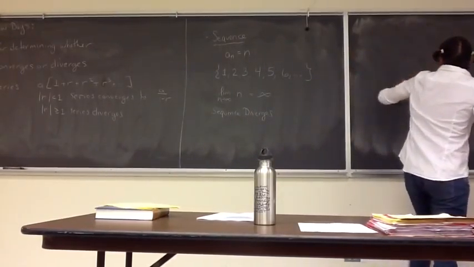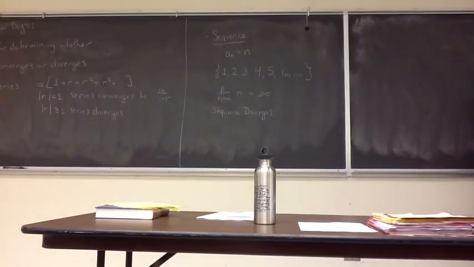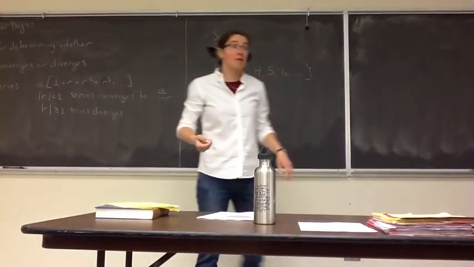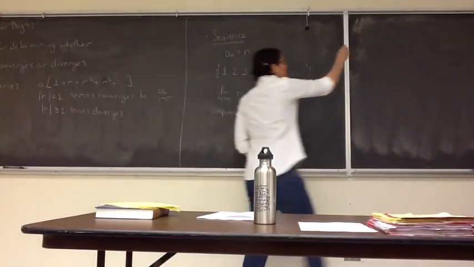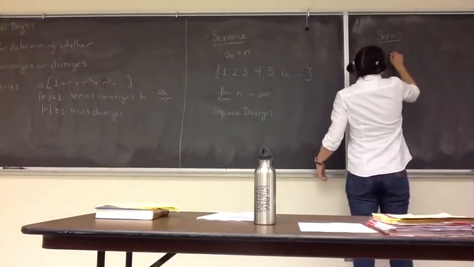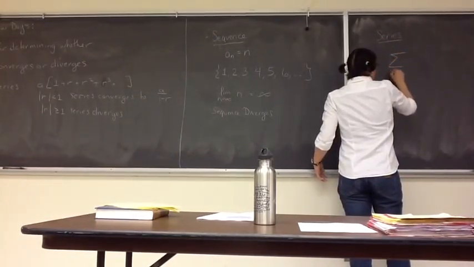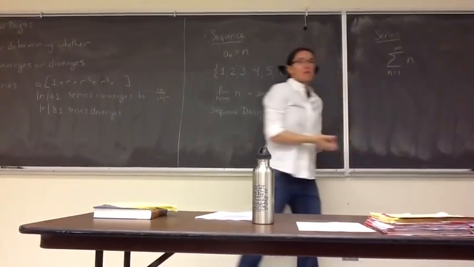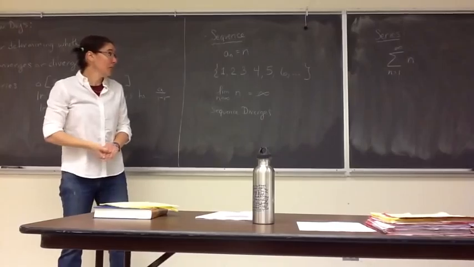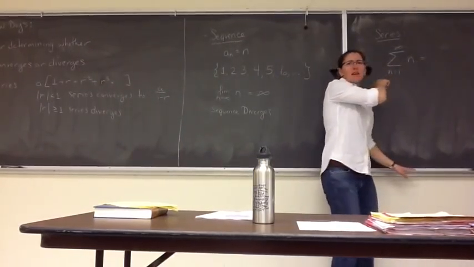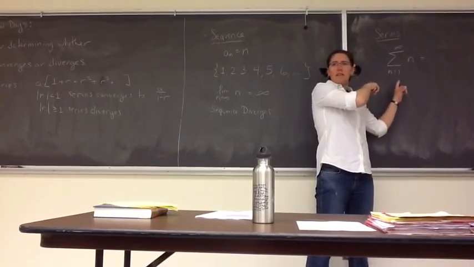Now, if I take that sequence, 1, 2, 3, 4, 5, etc., and instead of having commas in between, I put plus signs in between, I get the series. That looks like the sum where n goes from 1 to infinity of n. Here again, I'm going to transition over to using n's instead of i's.